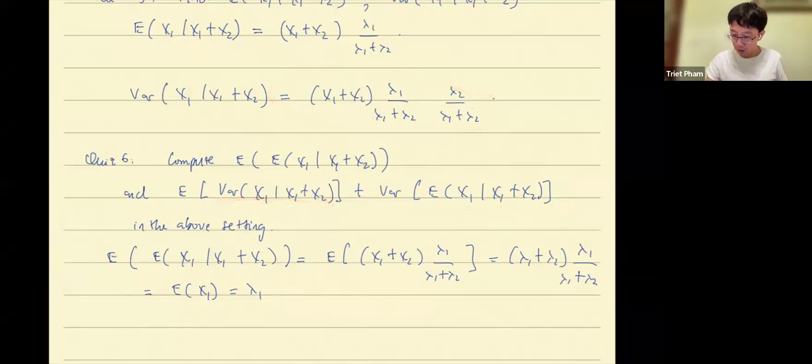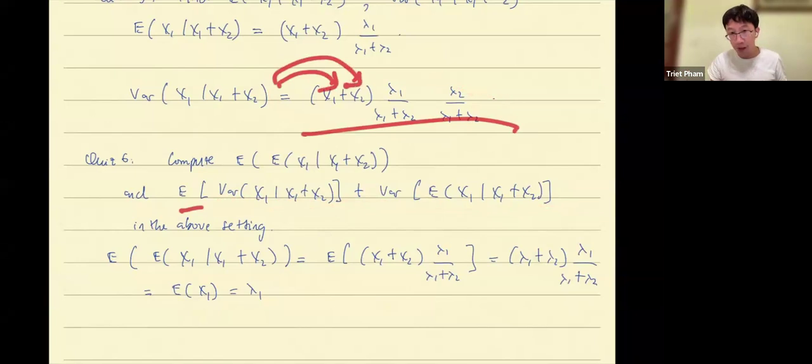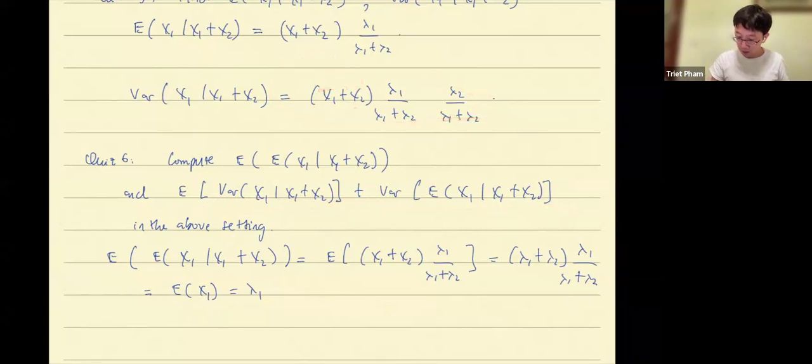For the first expression, let me skip repeating steps because it's a lot of symbols to write down. If you take the expectation of this and bring the expectation inside, that being lambda 1 plus lambda 2, then the first expression will become lambda 1 lambda 2 product over lambda 1 plus lambda 2.